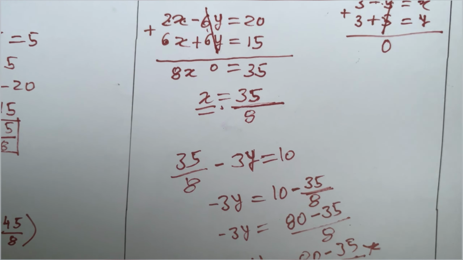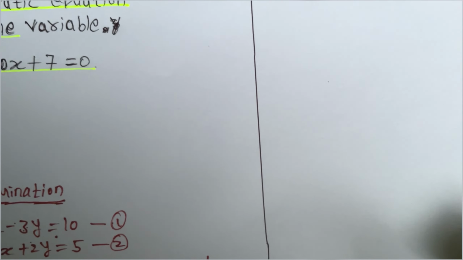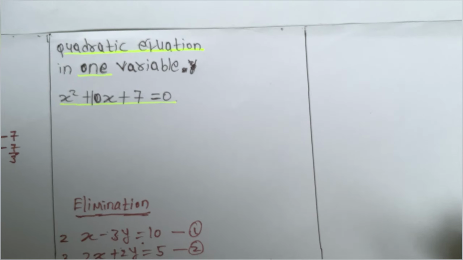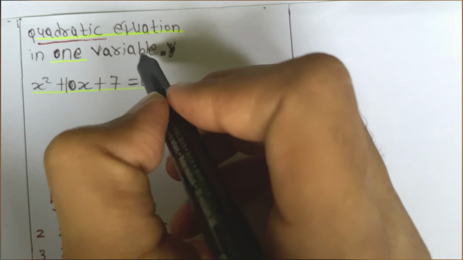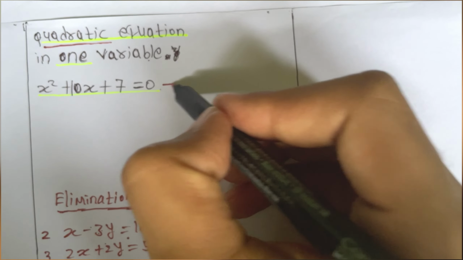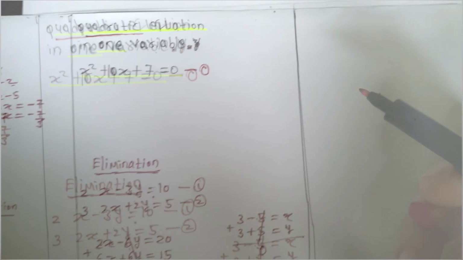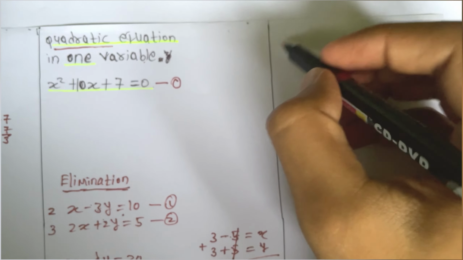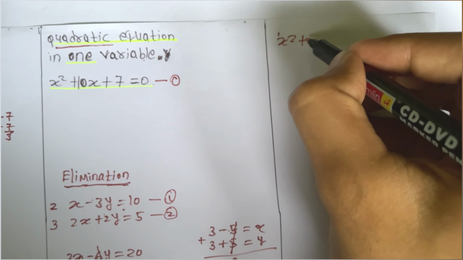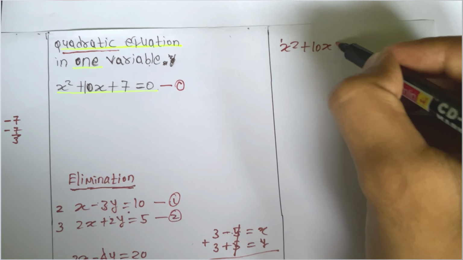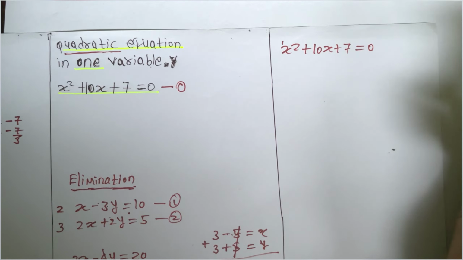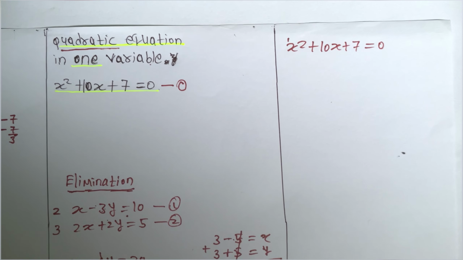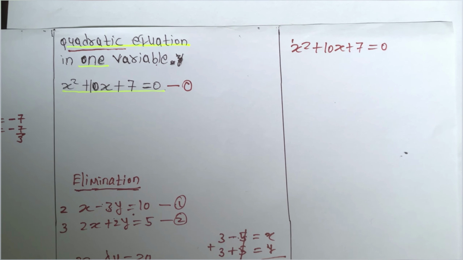Now further we are going to learn how to solve a quadratic equation in one variable. I will write the equation over here: x square plus 10x plus 7 equals 0.